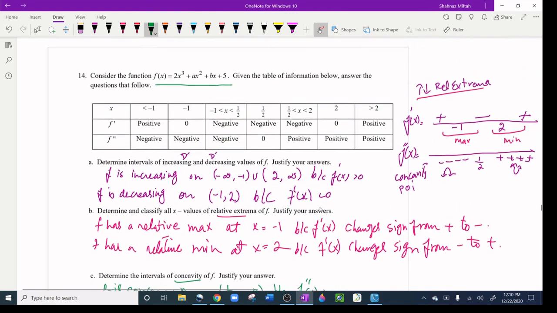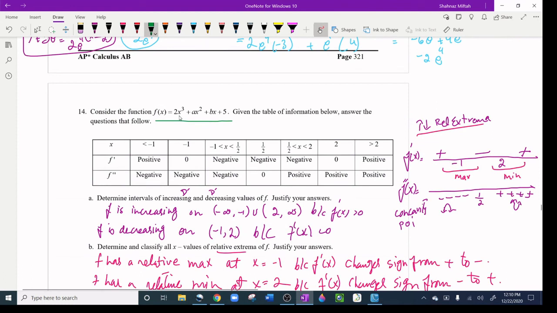If you guys remember, I told you that when any variables are missing, you have to make the two equations equal each other. But in this case, I don't have any equation. I have to have an x, or a or b, one of those, or a f of x, like a y value, and I can make them equal each other.